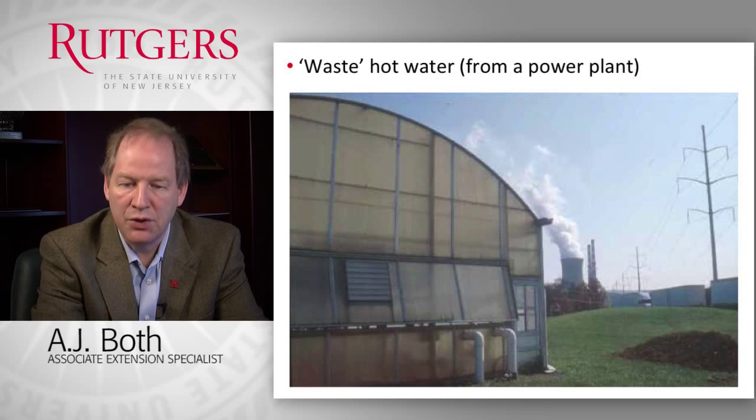But we could also use that water that needs to be cooled as the heating source for our greenhouses. So you need to run a pipe from the power plant, in this case, to the greenhouse operation, and then use heat exchangers to extract that heat and help heat your greenhouse facility.